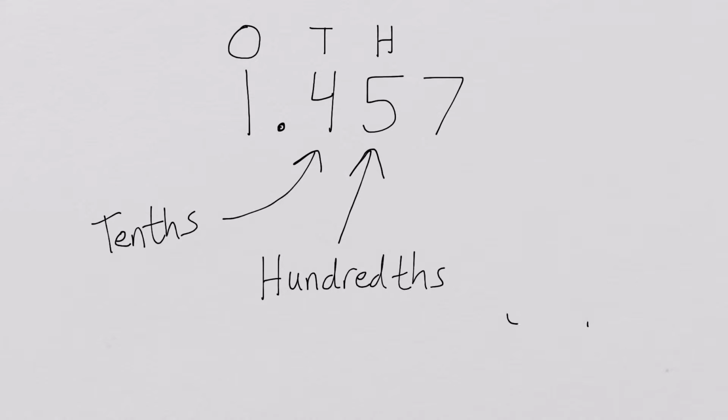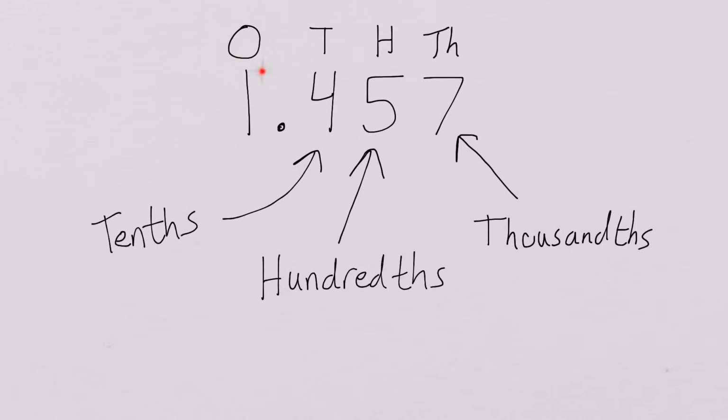After that, we don't have a coin for the next place value, but our next place value is the thousandths. I'm going to put a TH up here for thousandths, and I'll spell it out for us. T-H-O-U-S-A-N-D-T-H-S. And if we had 10 pieces in the tenths, 100 pieces for hundredths, how many thousandths is it going to take to create one whole?